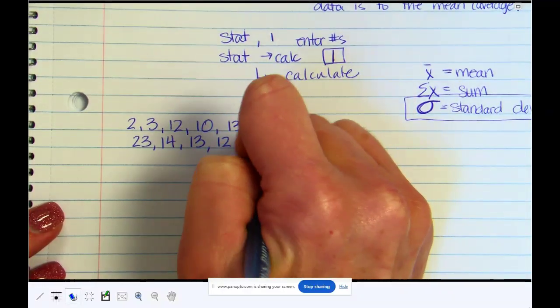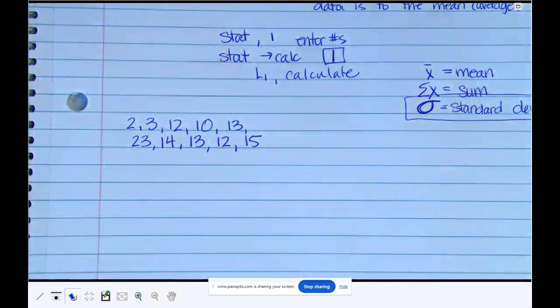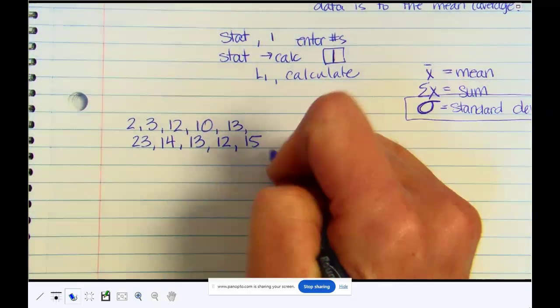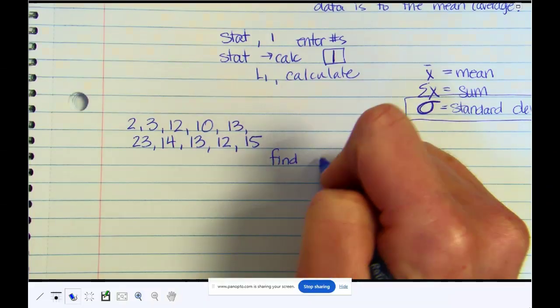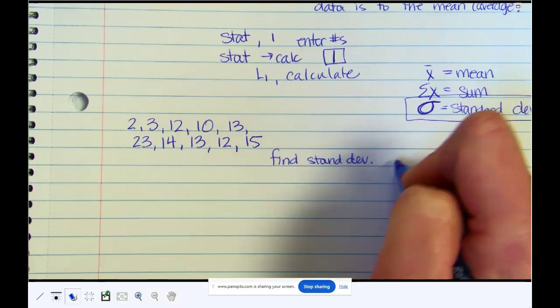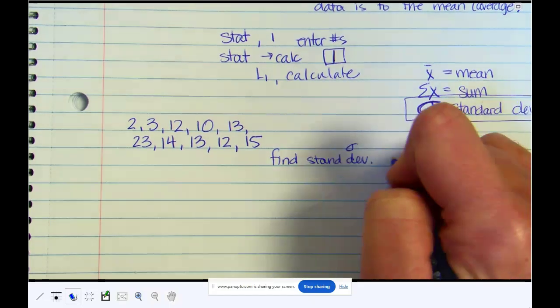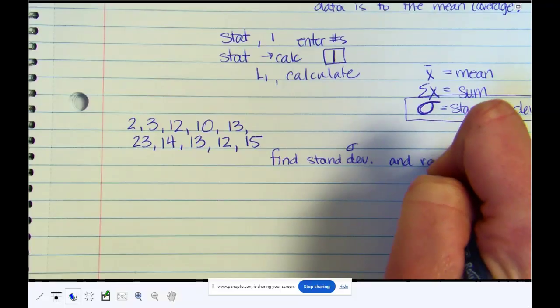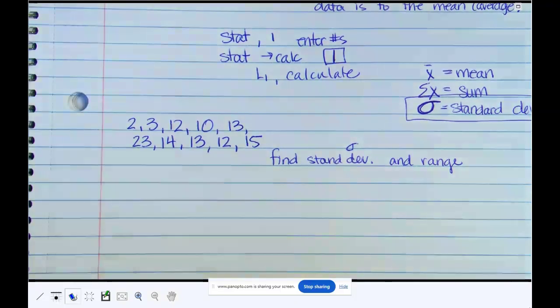There's 10 numbers. Make sure you get all 10 numbers. I would like you to find the standard deviation and the range. So that's the little snaily guy and the range.